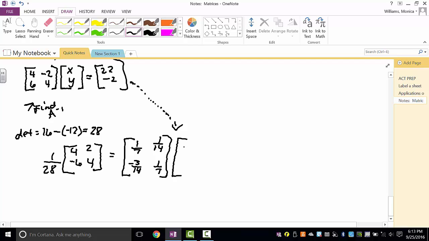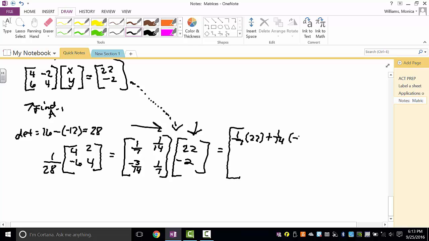So I'm going to take my 22, negative 2. Remember, you multiply row times column. So I have 1 over 7 times 22 plus 1 over 14 times negative 2. Row times column.